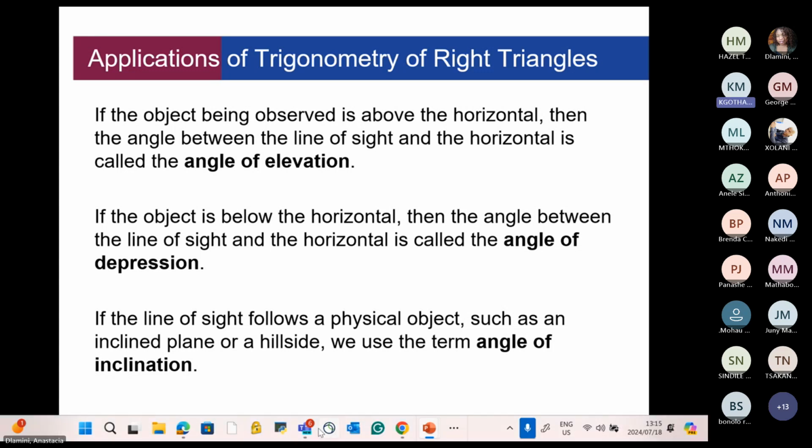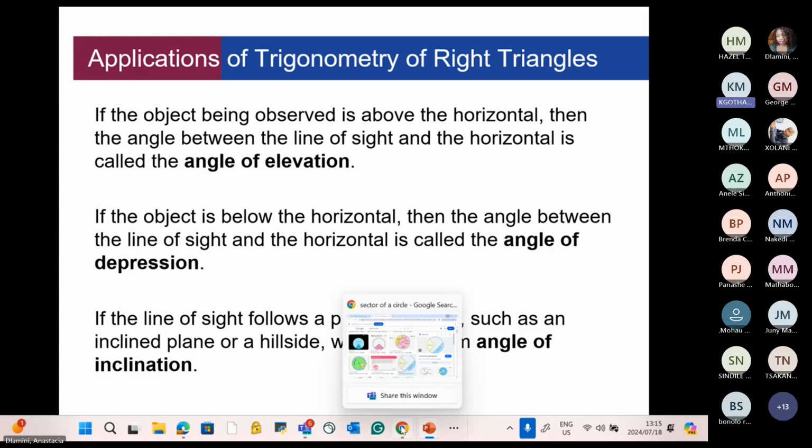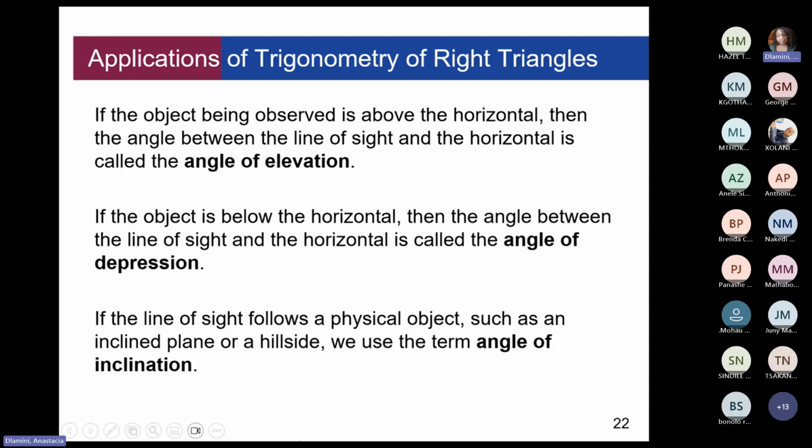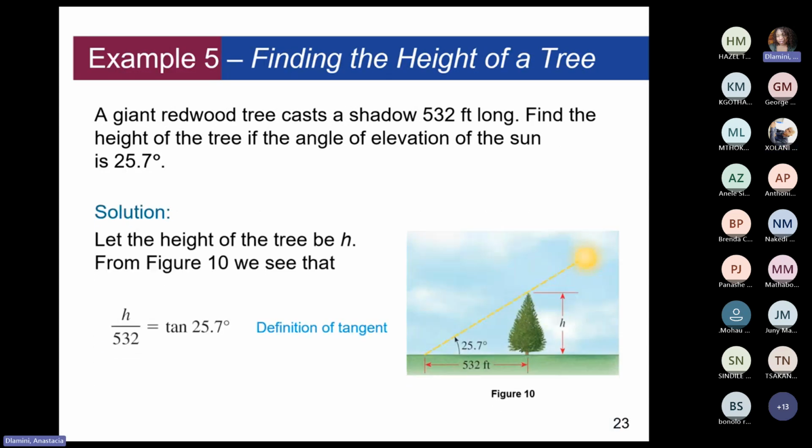Ma'am, can I ask? What we worked right now, was it inclination or was it depression? It was elevation. Remember, you can't sit on the sun and look down on us. You'll burn. So when there's a relationship between a sun and a shadow, it means you are there by the shadow and looking at the sun.